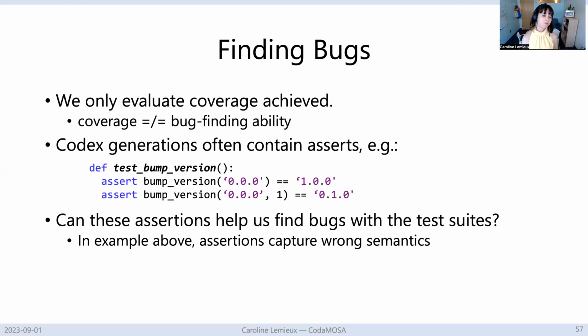Maybe we could use those. But actually in the example above, at least the first assertion is semantically incorrect. 0.0.0 should turn into 0.0.1, not 1.0.0. So there is some potential here for maybe using what Codex or another large language model is generating for better assertion generation, but it's not a slam dunk.